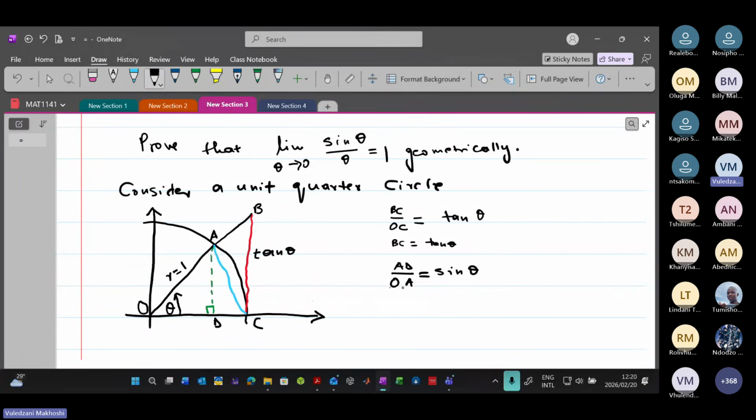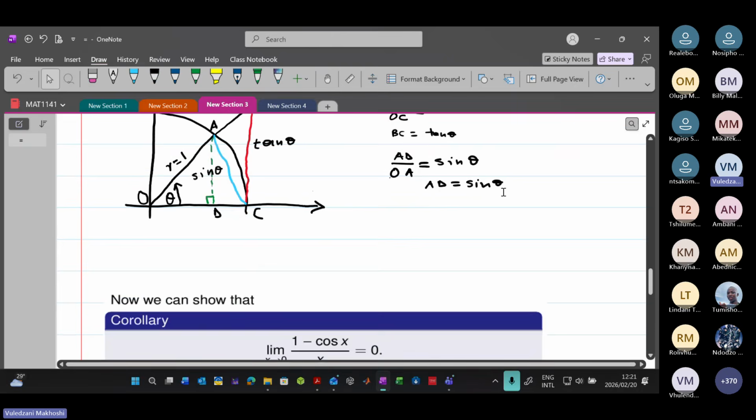But OA is the radius, which is 1 unit, therefore AD is sine theta.